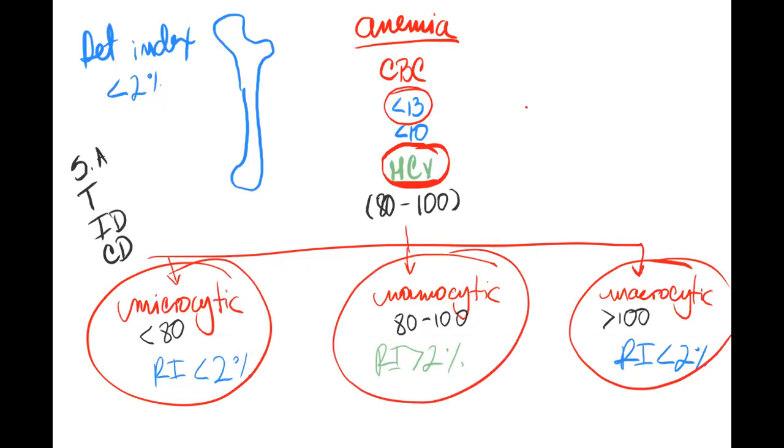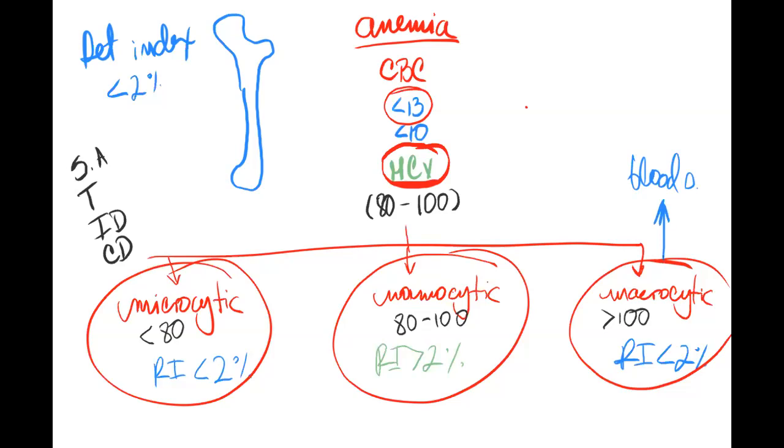Most of the time, the macrocytic anemia is going to be classified into two kinds of anemia. That classification is made through the blood smear. If we see in the blood smear more than 5 lobes in the neutrophils, we are able to say that the macrocytic anemia is a megaloblastic anemia.